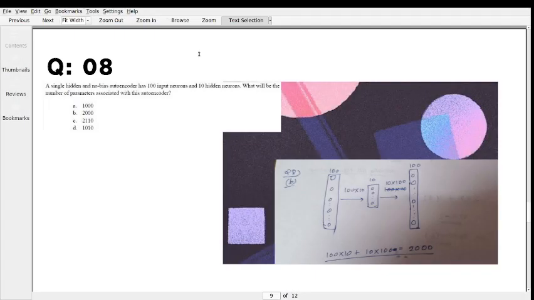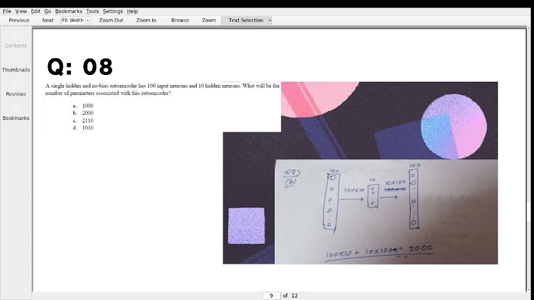Now, since 100 input neurons are given, we can also say that 100 neurons will be present in the outermost layer also. In between we have one hidden layer which will have 10 neurons.